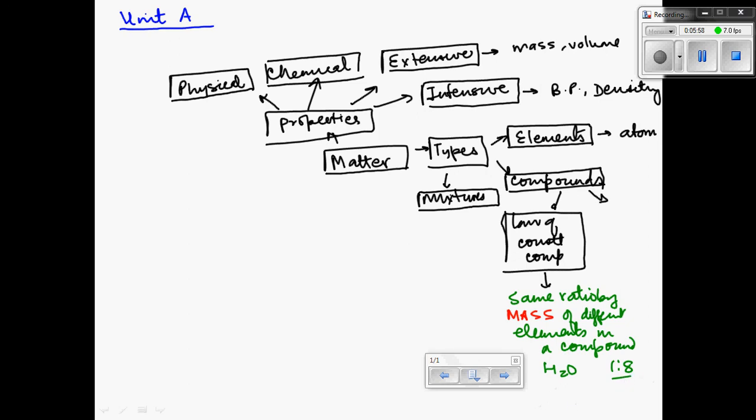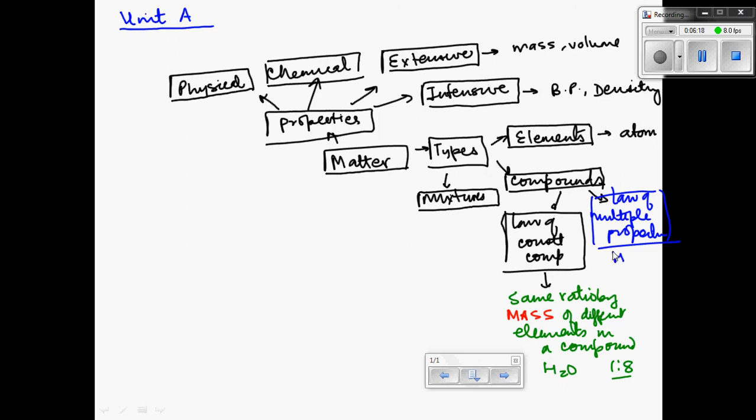Then there was the law of multiple proportions. The law of multiple proportions applied only to compounds where the two elements formed more than one compound.